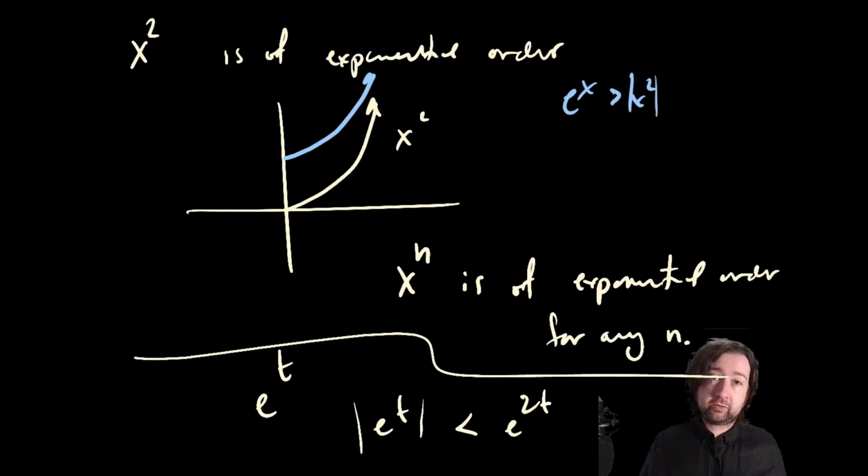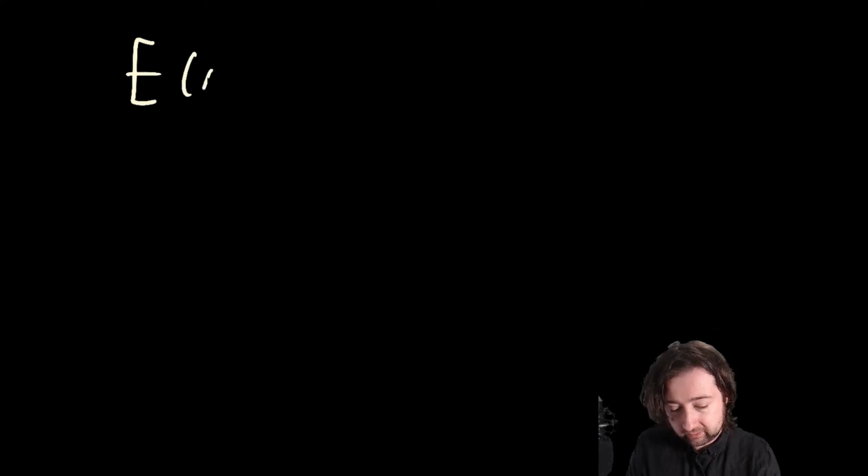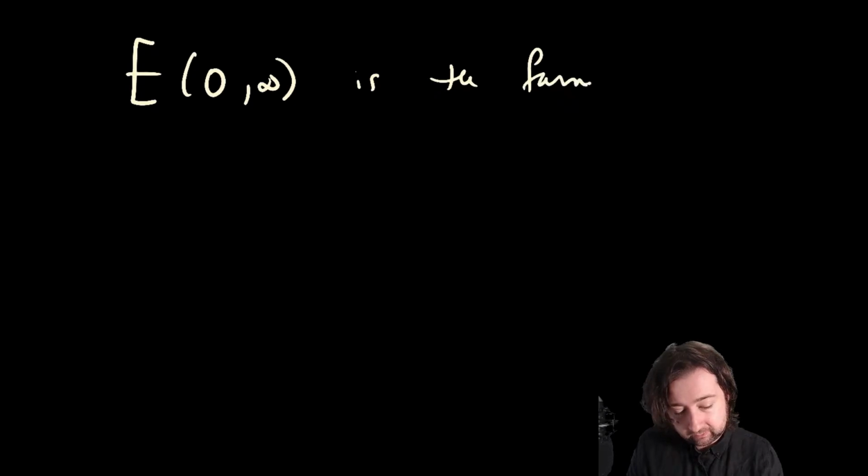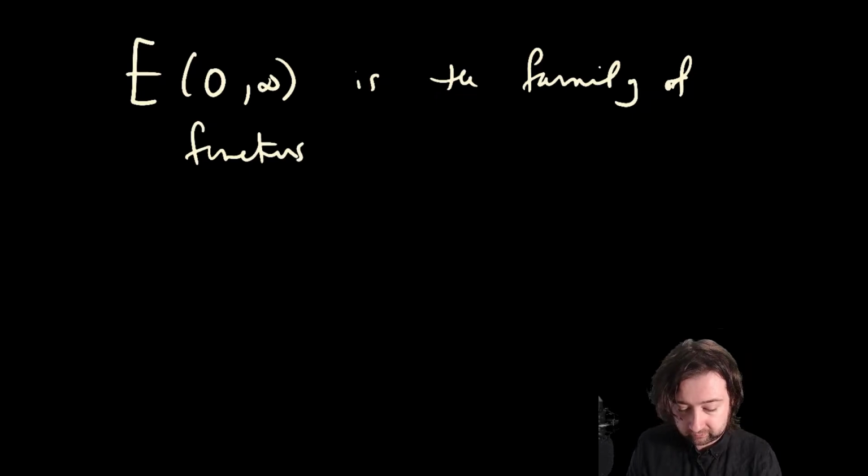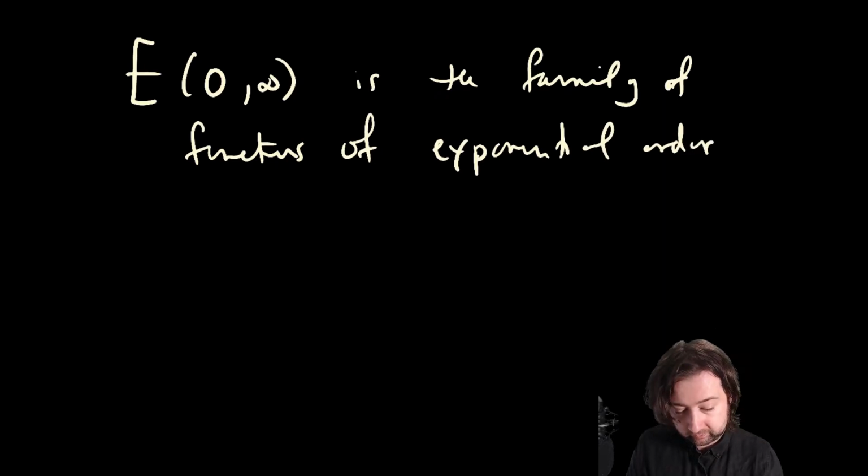So any exponential function is of exponential order as well. So the functions that are of exponential order include all the exponentials, all the polynomials, the logarithms, and all the trig functions. So we can define the family of functions that is of exponential order in the following way. So E0 infinity is the family of functions of exponential order that are piecewise continuous.